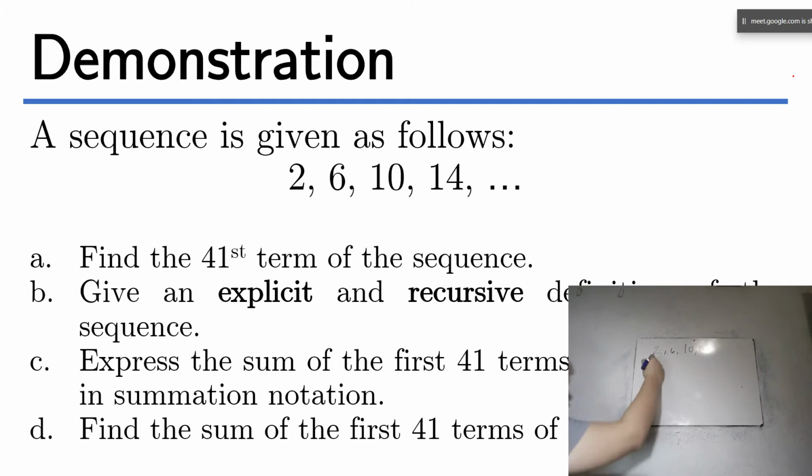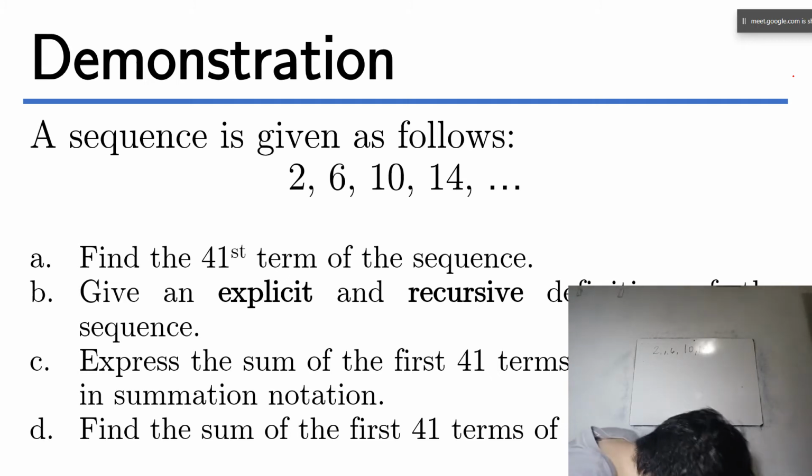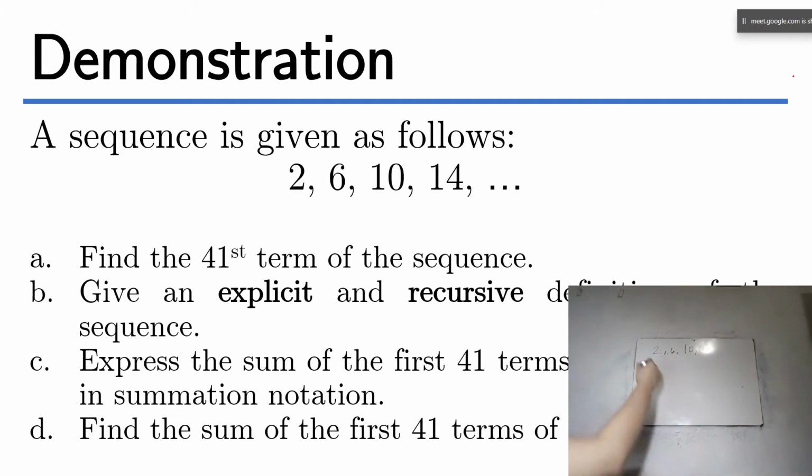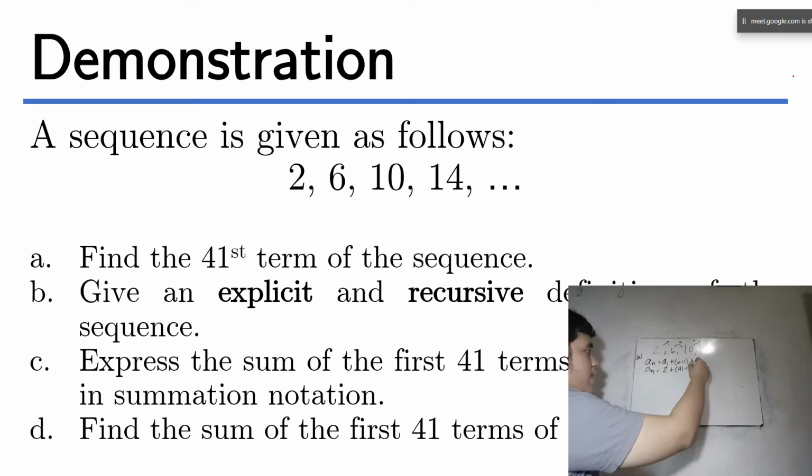A sub n equals A sub 1 plus n minus 1 times d. A sub 41 equals A sub 1, which is 2, plus n minus 1. Where's the common difference, guys? Right? 4, times 4. 2 plus 40 times 4 equals 162.